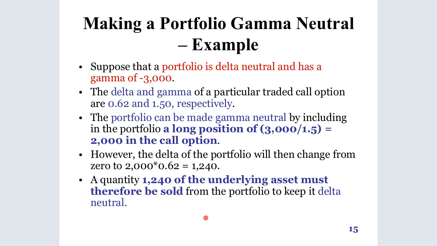Therefore, I would need to sell 1240 units of the underlying asset from the portfolio to keep it delta neutral, because now I have an excess delta. In the process of trying to become gamma neutral, I moved from delta neutral into a delta position, so I have to adjust for it accordingly.